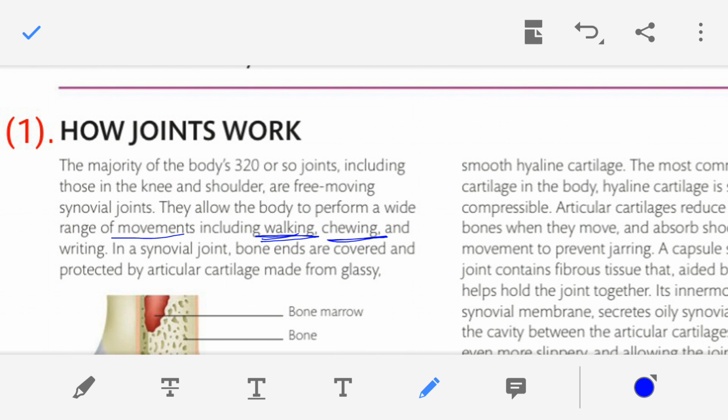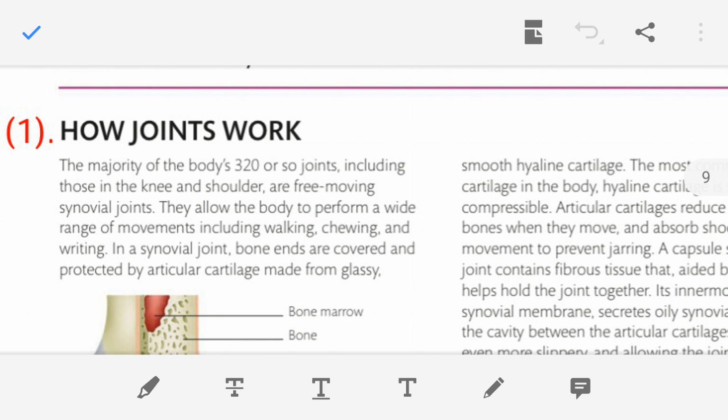Then we are able to chew our food. Then with a pen we can write on paper. So all these activities we can perform with the help of synovial joints.